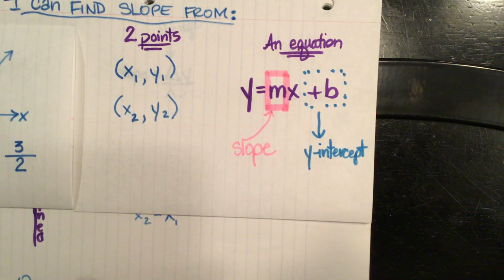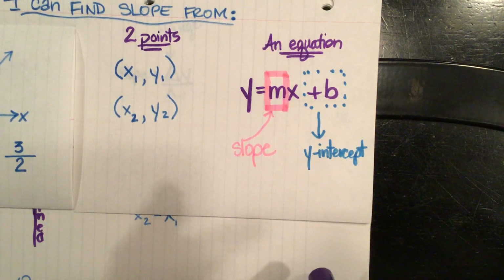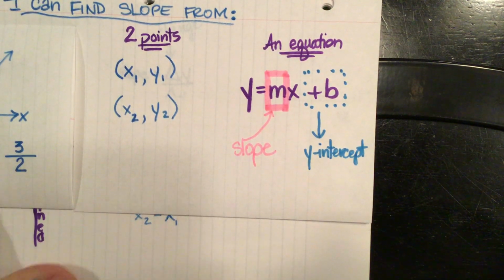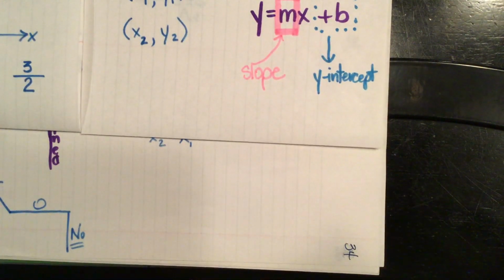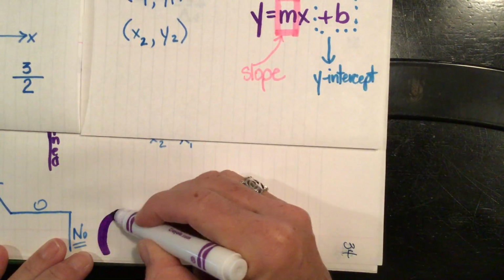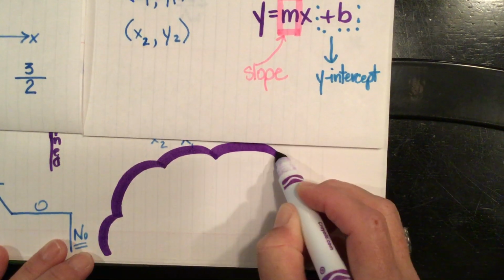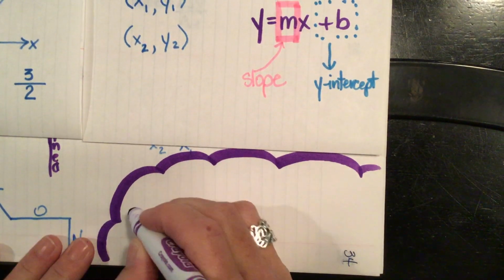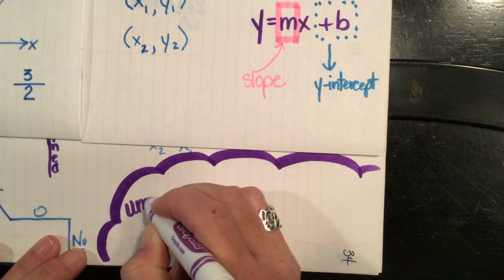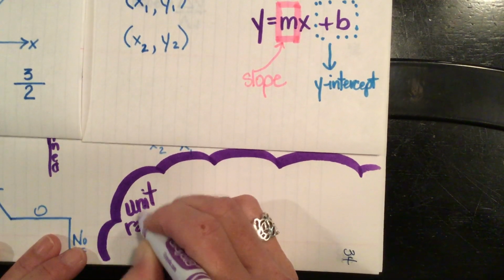Okay. So what we've done is slope is huge. It's the change. It's why does the line increase or decrease? And we're going to spend a week on this. Today we're going to focus just on the graph. But I want you to keep in mind, as a reference tool to come back to, that slope is commonly referred to as the unit rate.